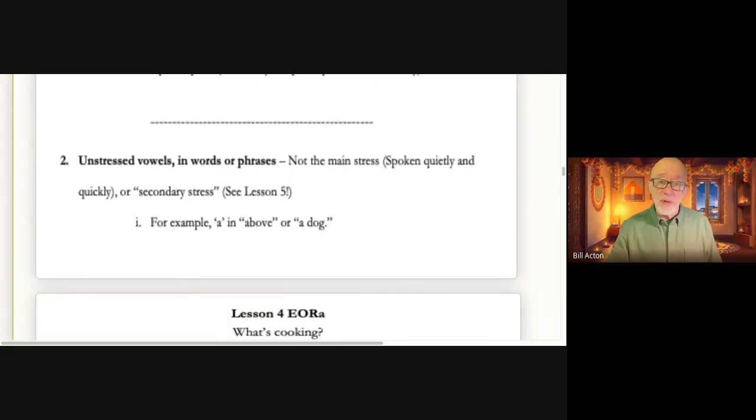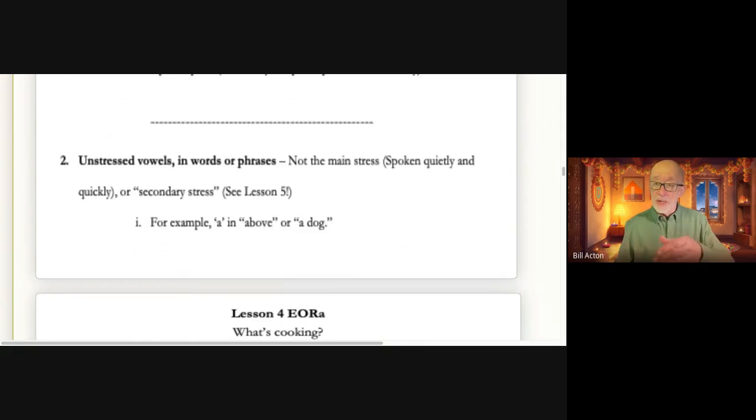The same thing, unstressed vowels. Like I said, we will be using vowel 12 thumb flicking, but there are other vowels that can be unstressed too. But for this lesson, we're just doing vowel 12 thumb flick. Let's do like above. So the vowel in above is vowel 7.